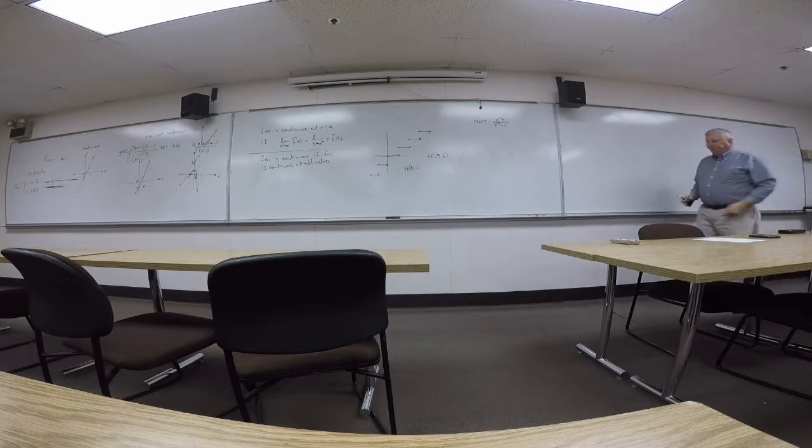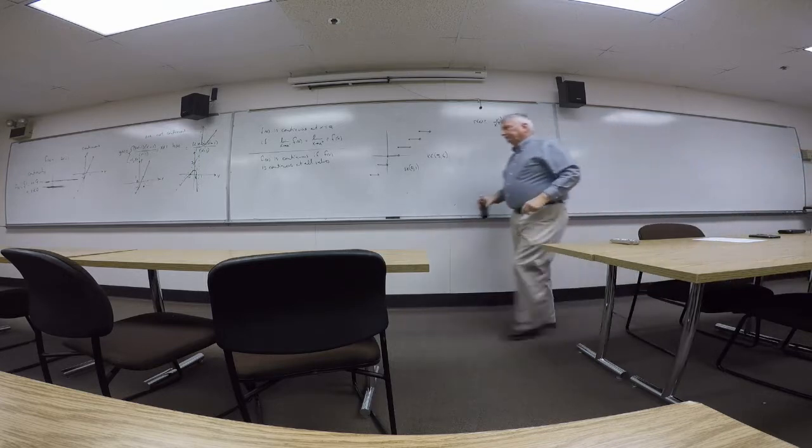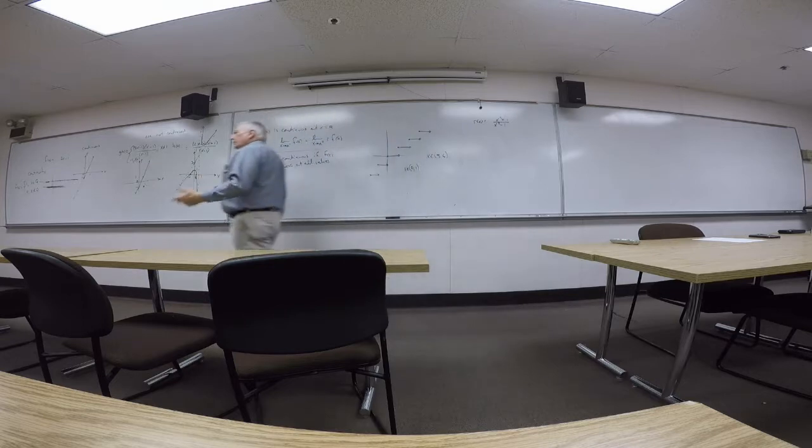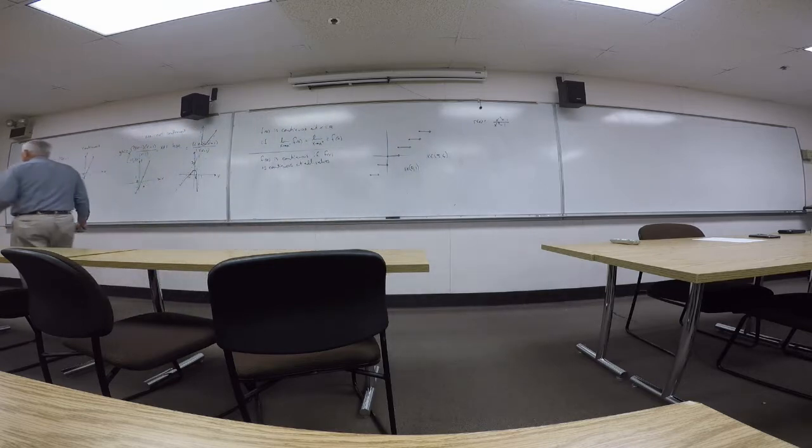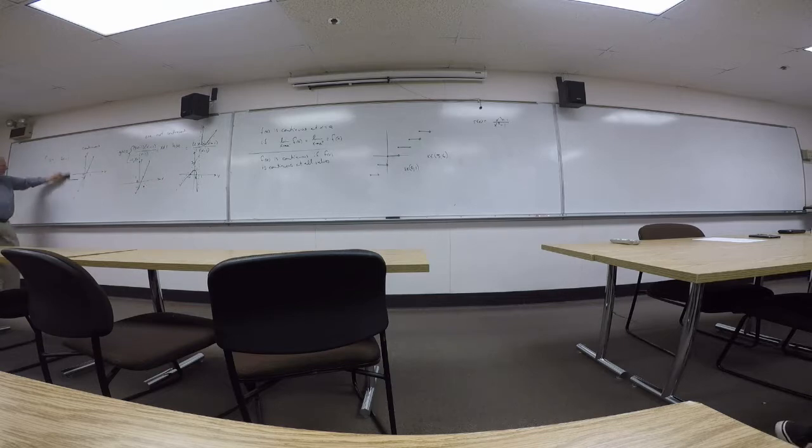Let's talk domain a little bit. When we're finding domains of functions, the supposition going in is the domain is all real numbers. If we're dealing with a polynomial, that's certainly true.